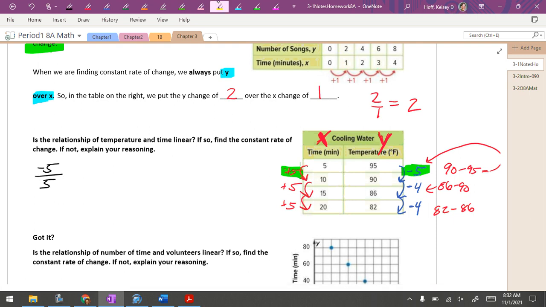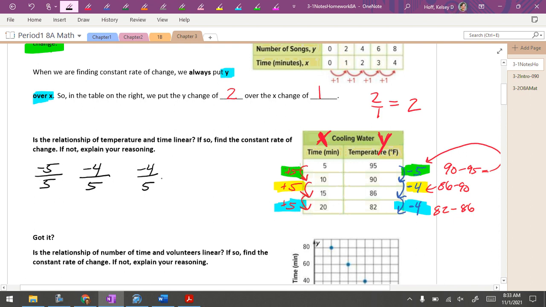Now we go to the next group. What's the second change in y? Negative 4. And the second change in x? Positive 5. And the third one, change in y? Negative 4. Change in x, positive 5.